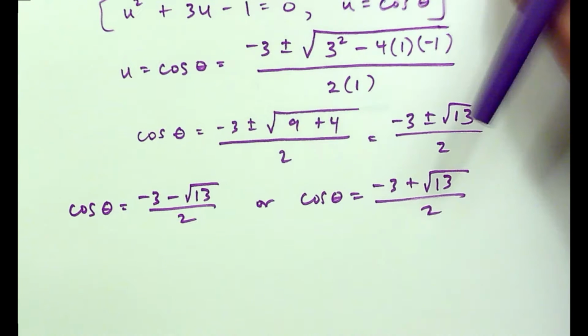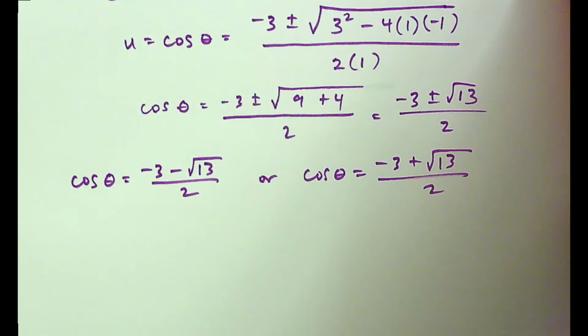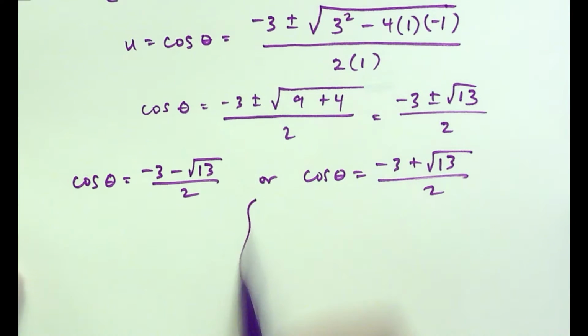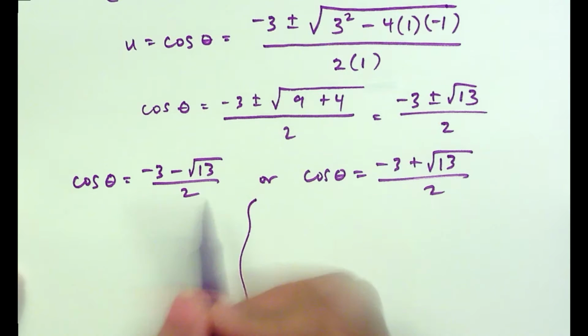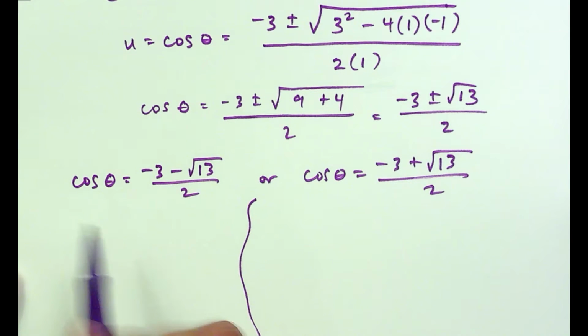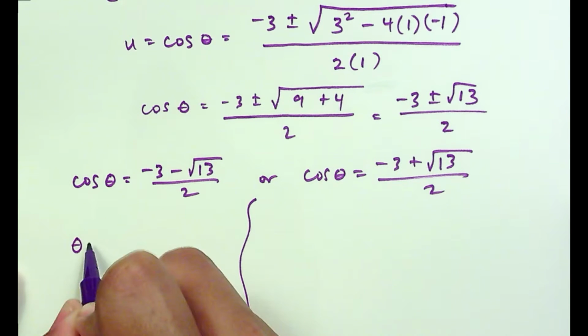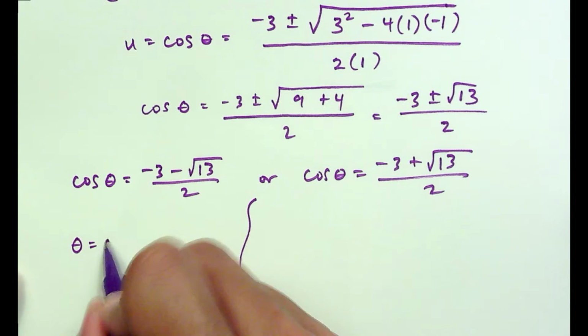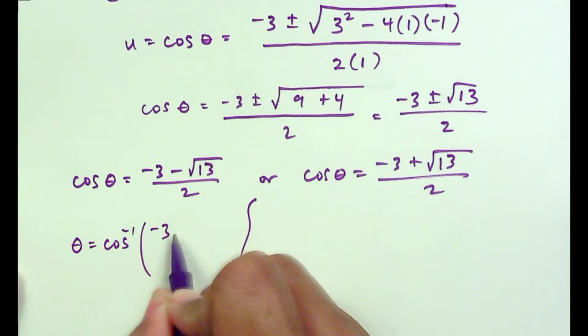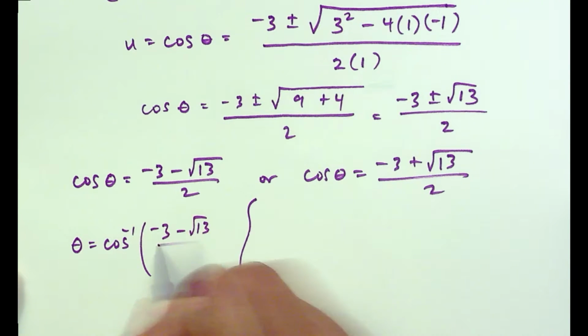So there's two choices or possibilities here. And like before, we're supposed to solve each of these. Okay, so from here, to get the theta, hit this with cosine inverse. So you're going to get theta equals cosine inverse of negative 3 minus the square root of 13 over 2.